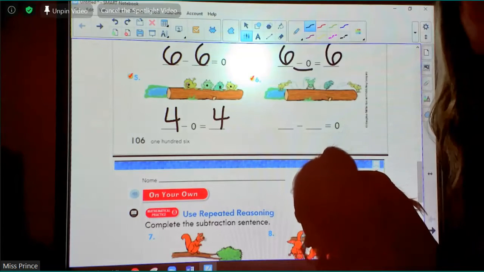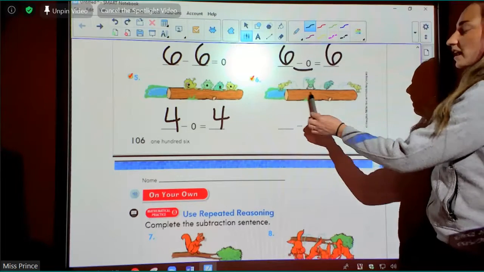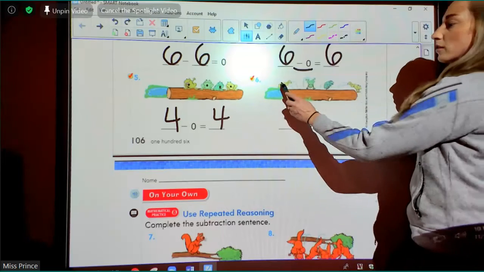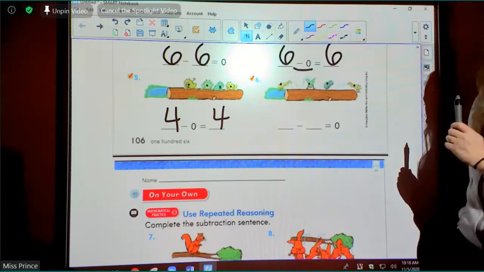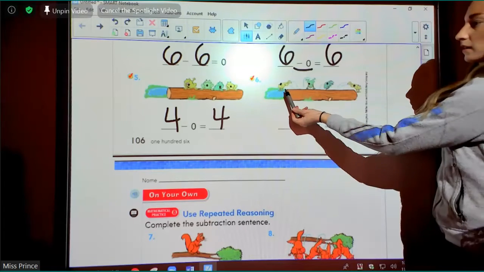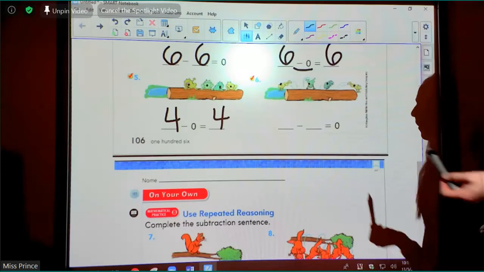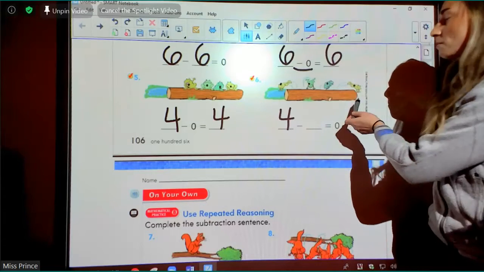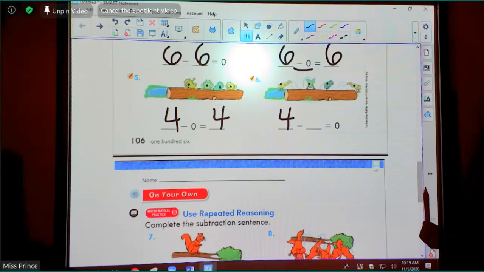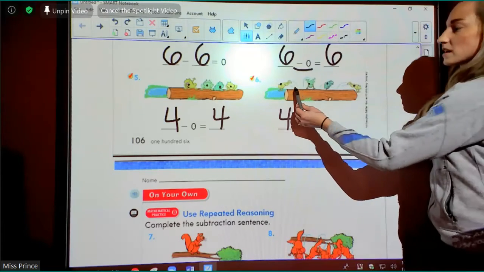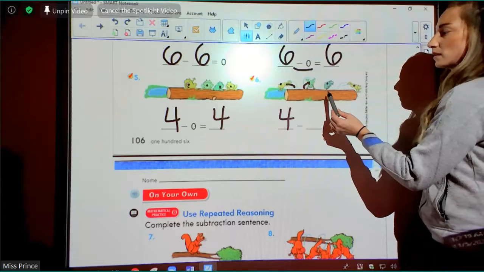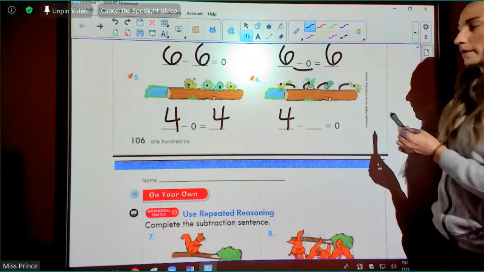This is for Jose. Jose, how many frogs do we have to start with? Can I have you count again? 4. Now, how many are jumping off of there, Jose? So this guy jumped, this guy's jumping, this guy's jumping, this guy's jumping.